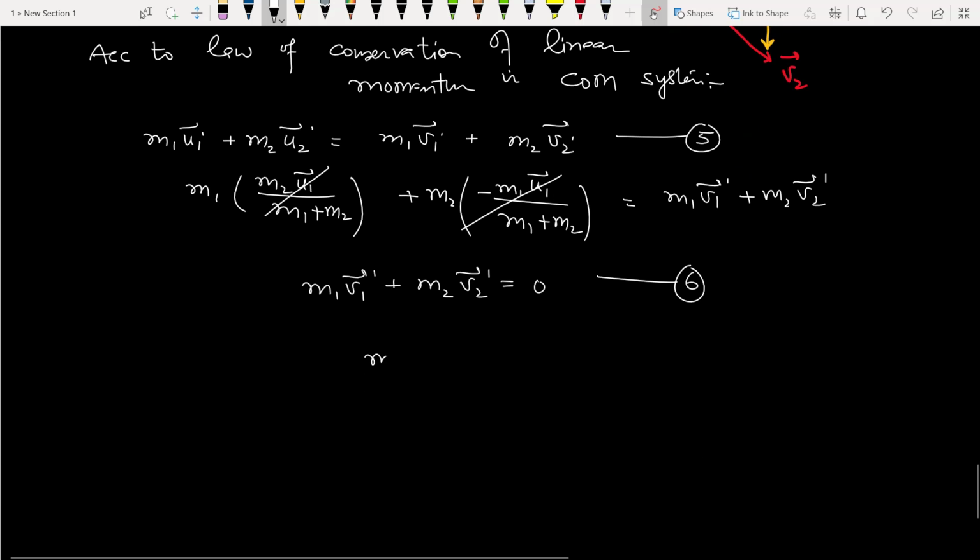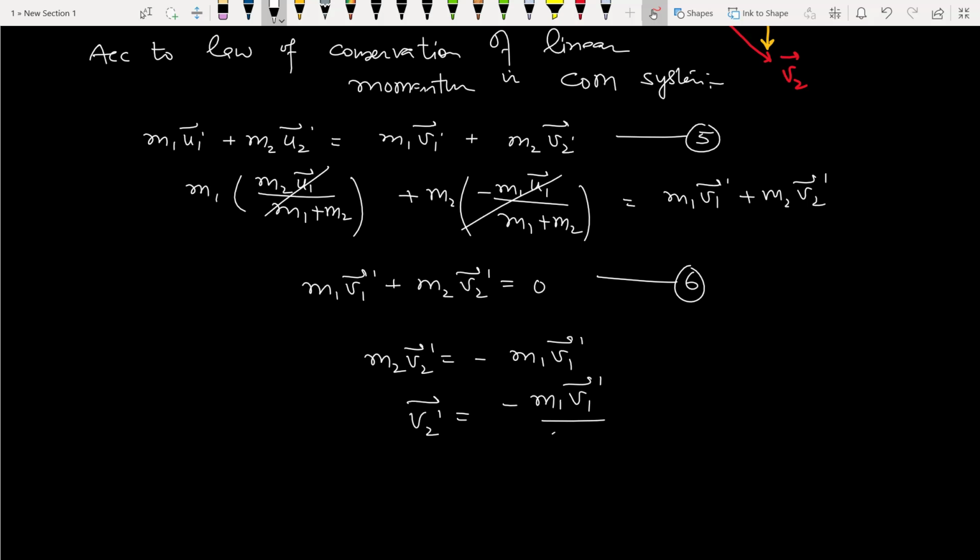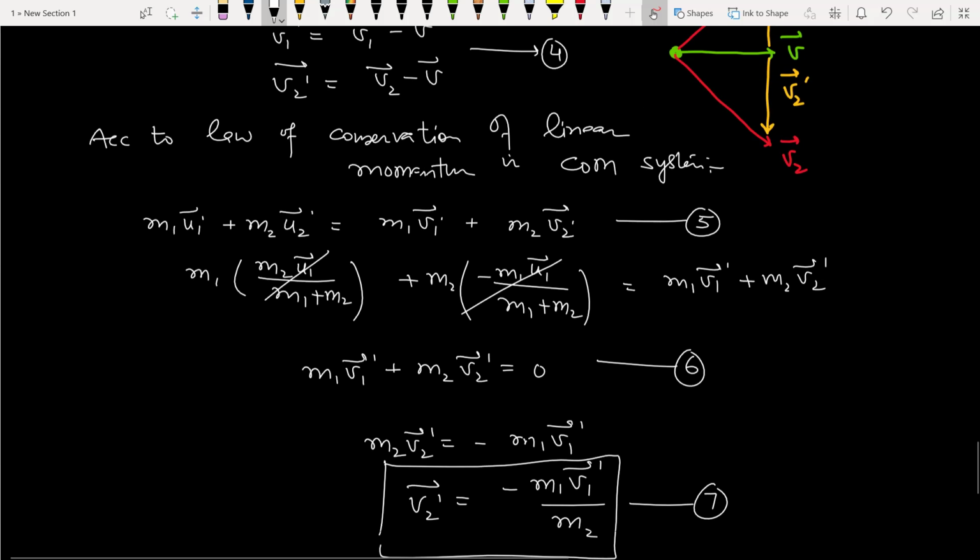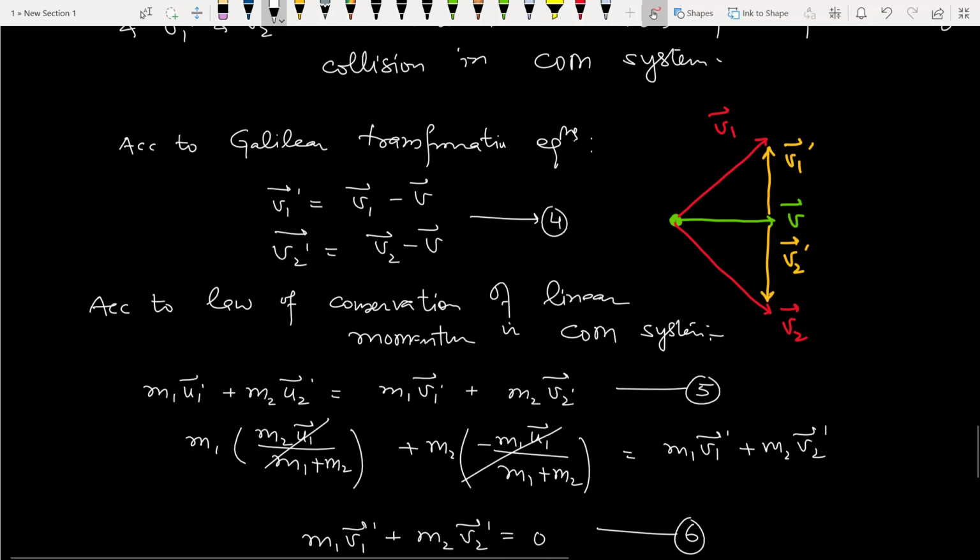So from here m2 v2 dash is equal to minus m1 v1 dash. So v2 dash is equal to minus m1 v1 dash divided by m2. So this is equation number 7, and it gives a very important result that v2 and v1 are in the opposite direction, as there is a negative sign in equation number 7, and it is clear from the diagram that both are in the opposite direction.